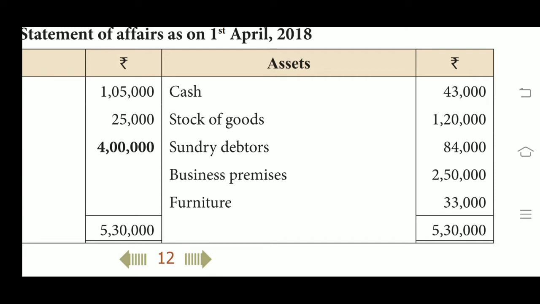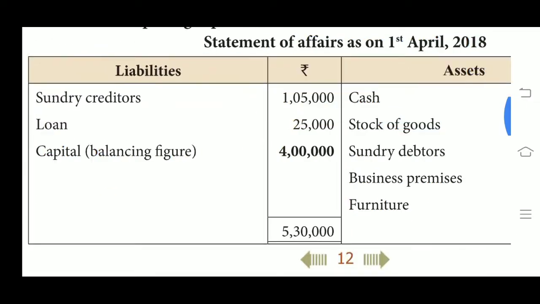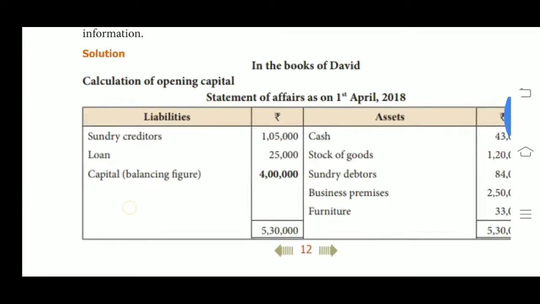And then on the left hand side, write all the liabilities values. Sundry creditors 1,05,000, loan 25,000. So all the assets and liabilities will be entered for both sides.